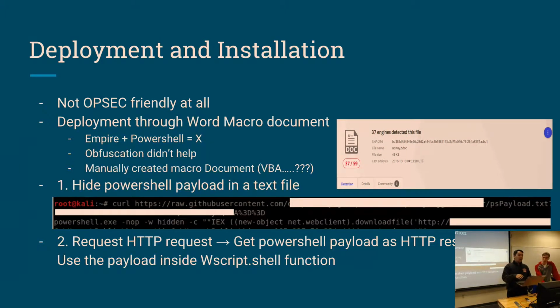And make the Word document send out an HTTP GET request. Now, if you do that, the response that comes back will be just a plain PowerShell payload. Now, we can put that response into the wscript.shell function, and you can run it. In this case, you don't have the PowerShell payload inside the macro document itself, so it was able to bypass a lot of antiviruses.